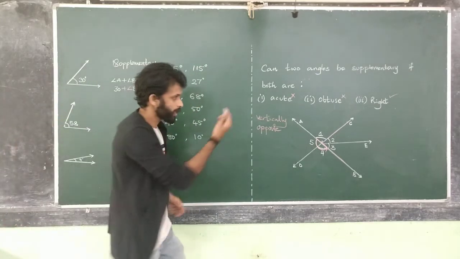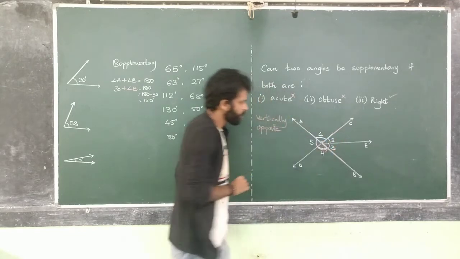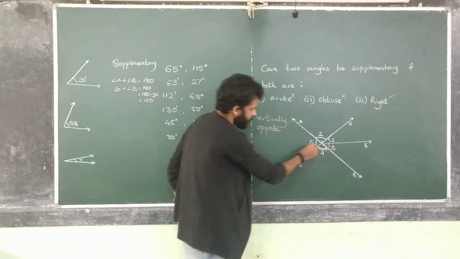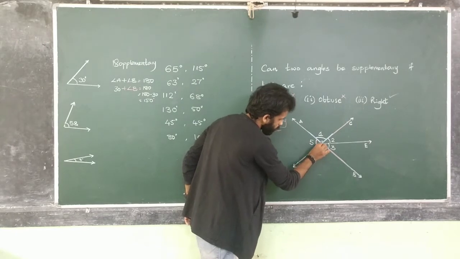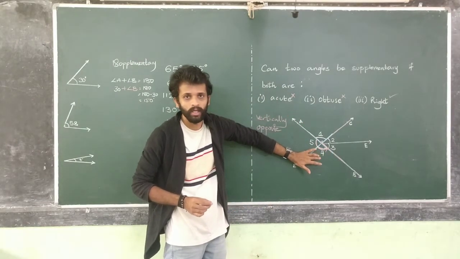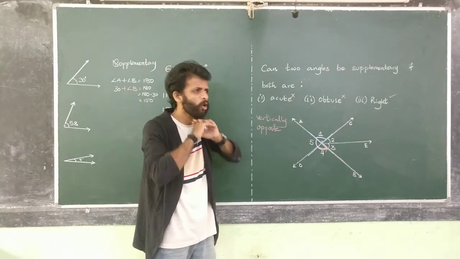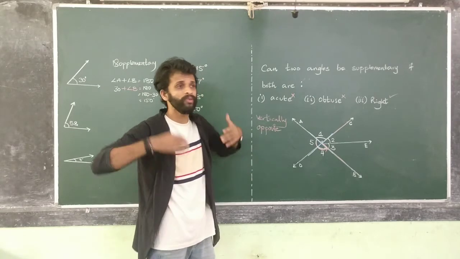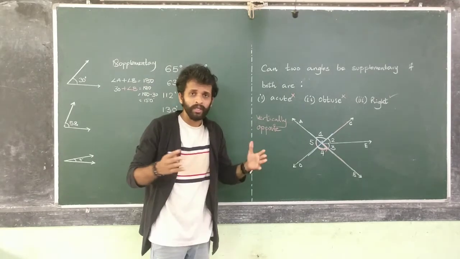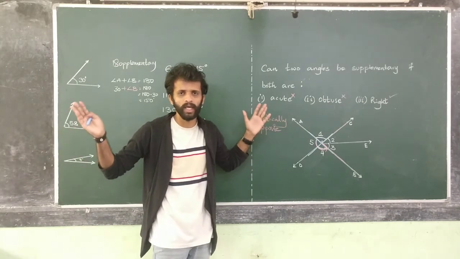So, I can. V, and there is a V over here also, right? So vertically opposite angles are always equal. How do we get vertically opposite angles? When two lines intersect each other, vertically opposite angles are formed.